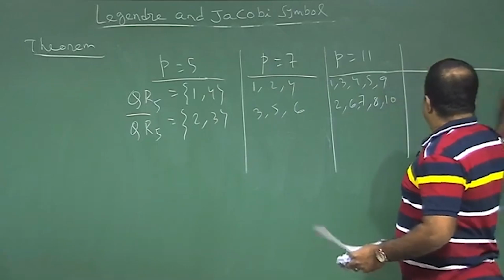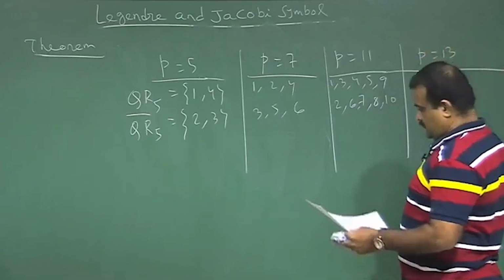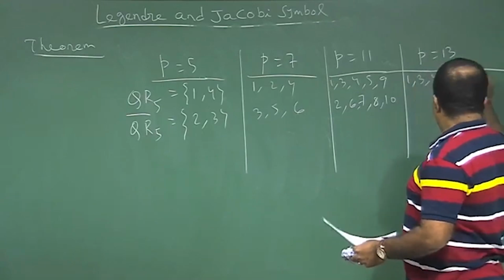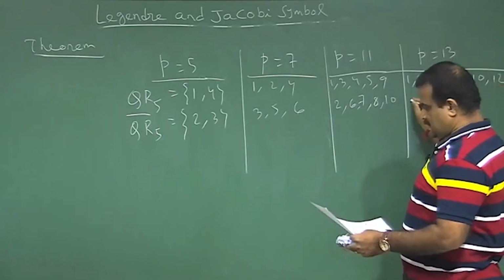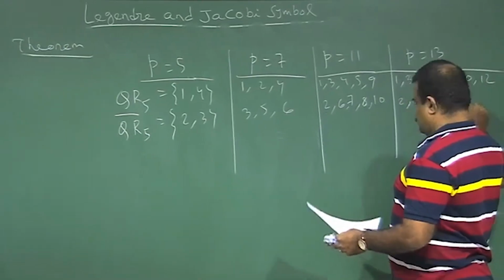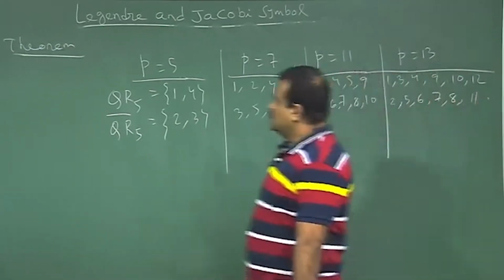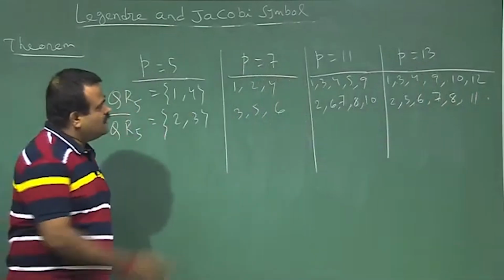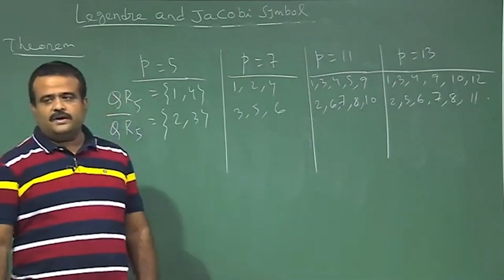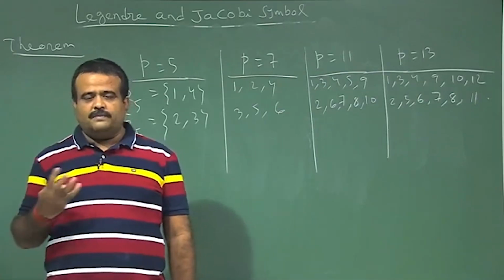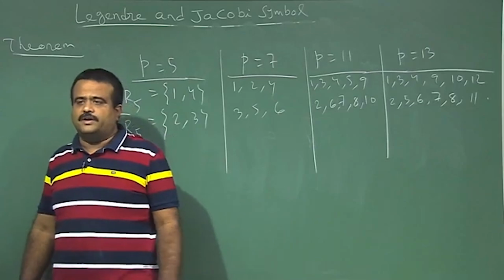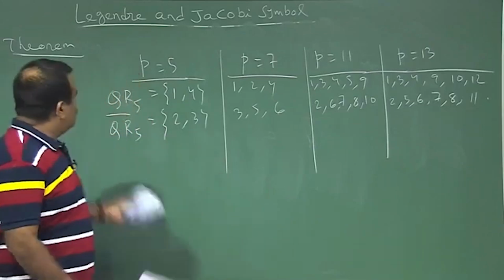And for p equal to 13, these are the quadratic residues 1, 3, 4, 9, 10, 12, and then these are the quadratic non residues. So these sets are equal. That means if we take a prime p, then the number of quadratic residues modulo p is the same as the number of non quadratic residues.